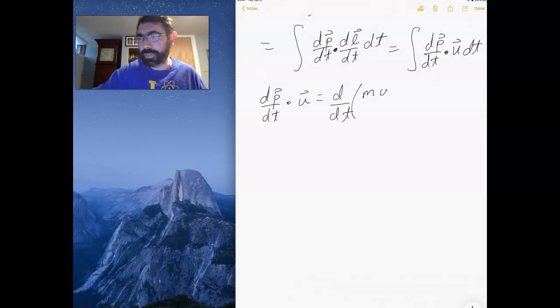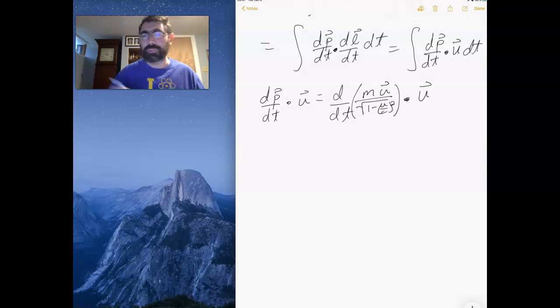This is mu gamma, so mu over the square root of 1 minus u squared over c squared, dotted into my velocity.